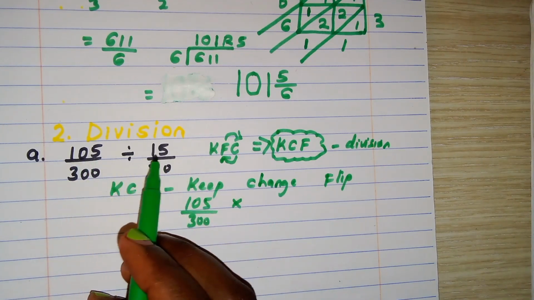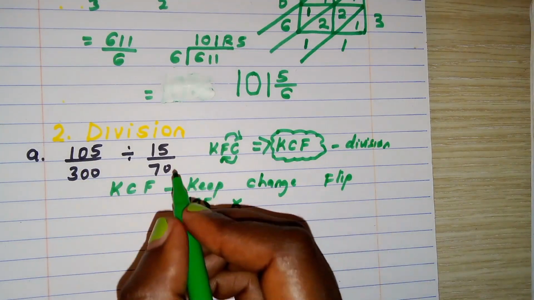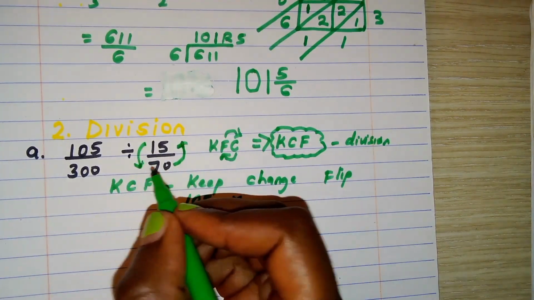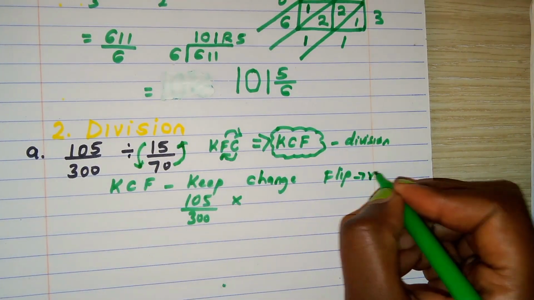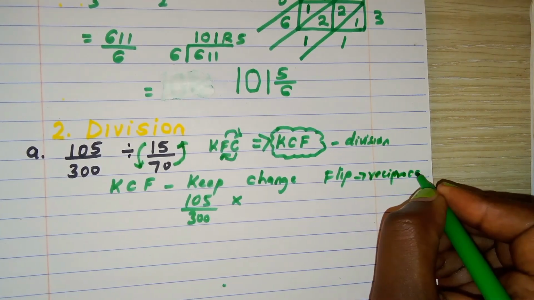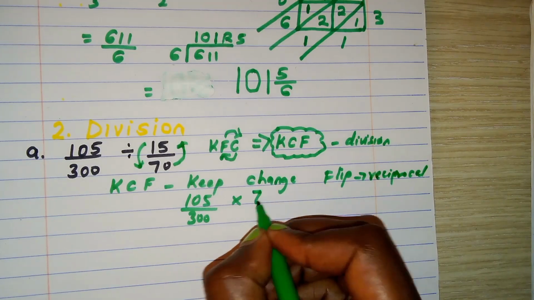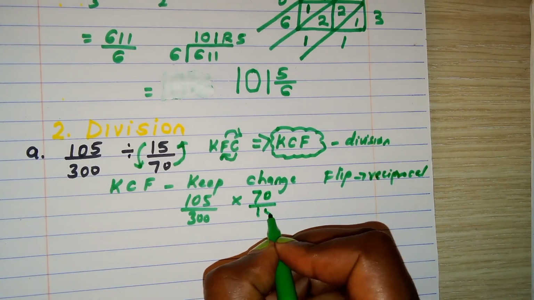So flipping meaning this one goes up and this one goes down. This flip is the same as reciprocal. So times 70 over 15.